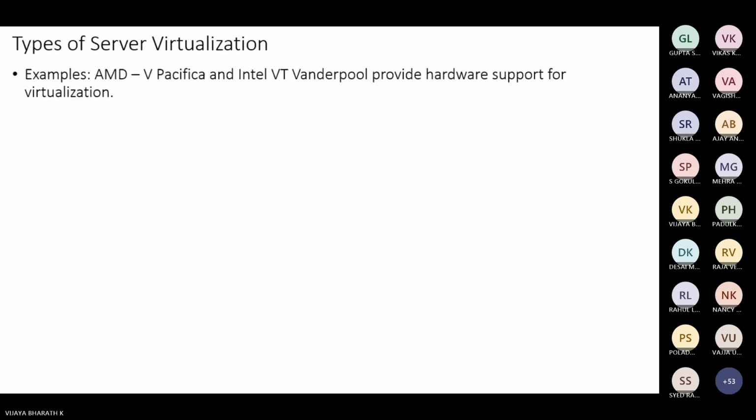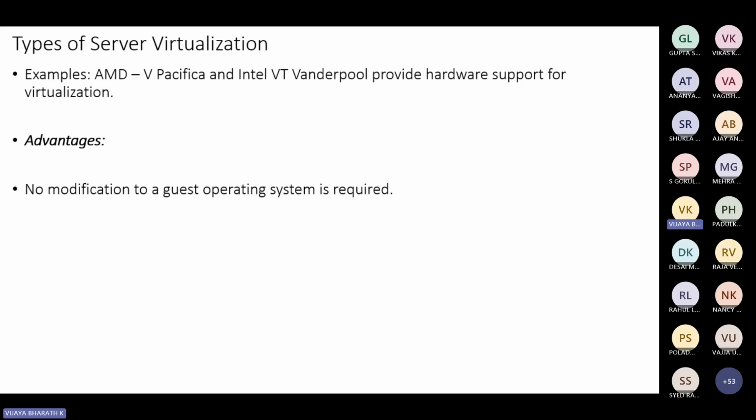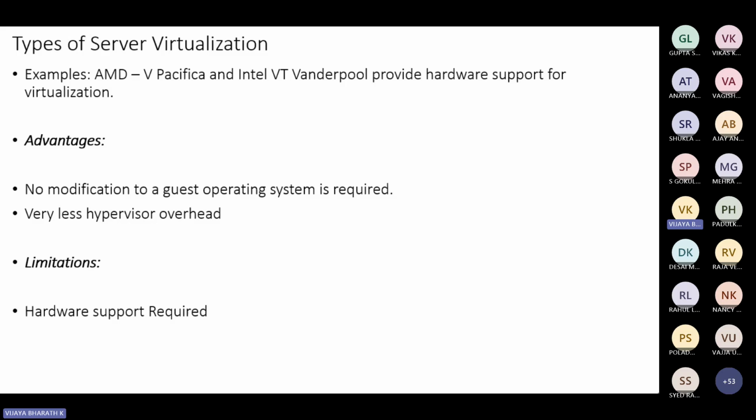Examples are AMD Pacifica and Intel VT Vanderpool, which provide hardware support for virtualization. Next, the advantages: here also no modification is required, and the overhead is very low, since it has a hypervisor for it. The limitation is that hardware support is required.